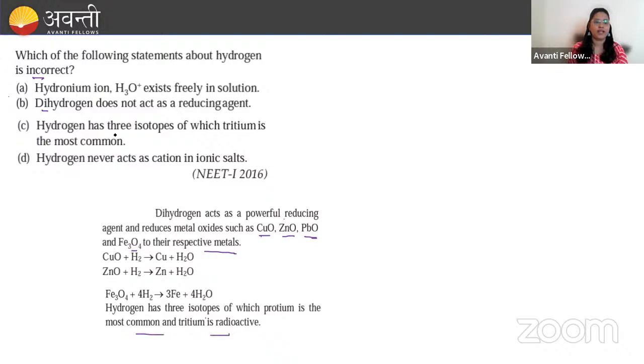So this is again not true. It is a good reducing agent, and protium is the most common isotope and tritium is radioactive. So here the answer will be options B, C. Any doubt in this?